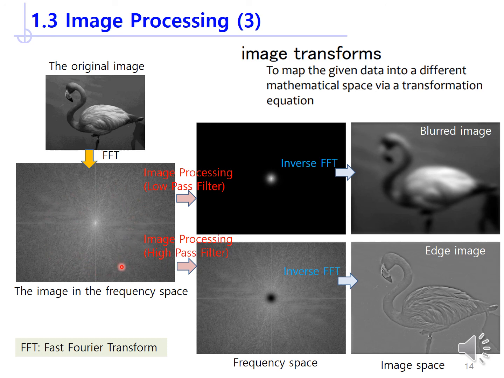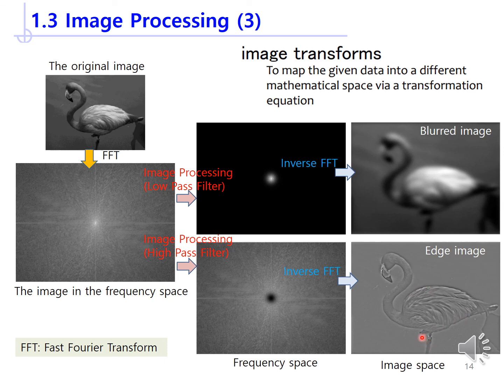So when we apply the high pass filter to this image in the frequency space, we can eliminate the low frequency area. Then when we apply the inverse FFT to this image, we can get this result.